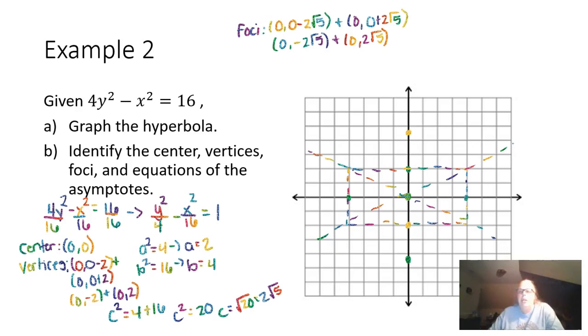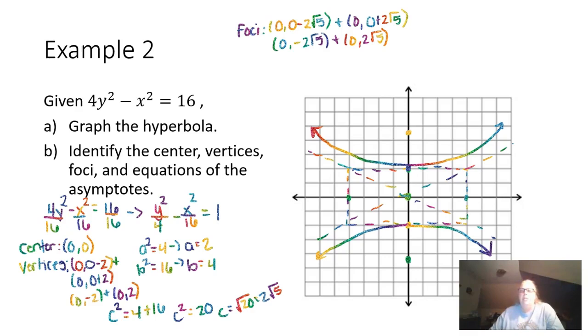Okay, and if we want to sketch it in, remember we go to the vertices. So here's one, and we want to open out that hyperbola toward the asymptotes. So this is going to be nice and wide. And it's going to look kind of like this right here.